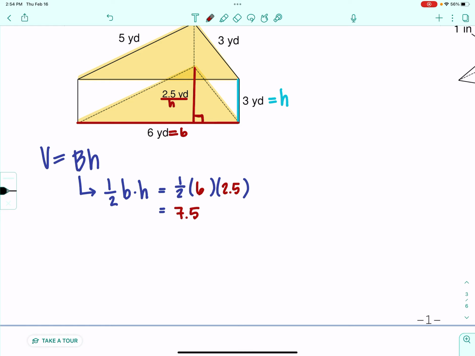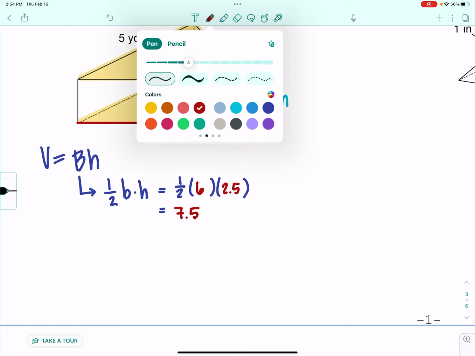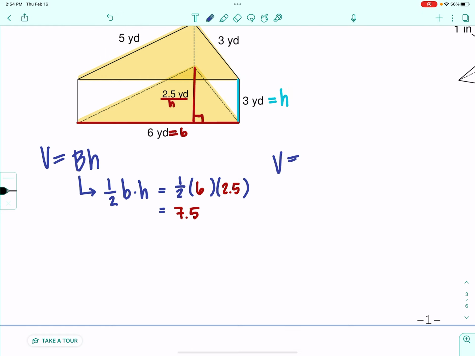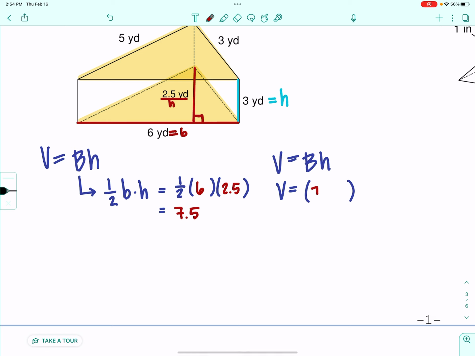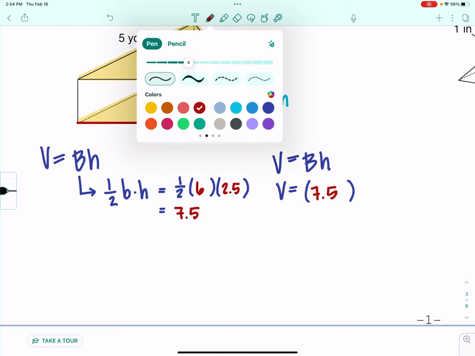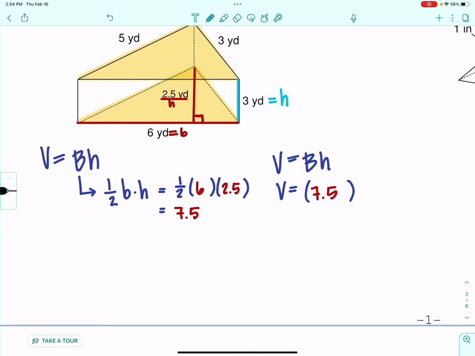So now, when I go back and pull out my volume formula, instead of that capital B, I'm going to substitute the value that we found. And I know little h.